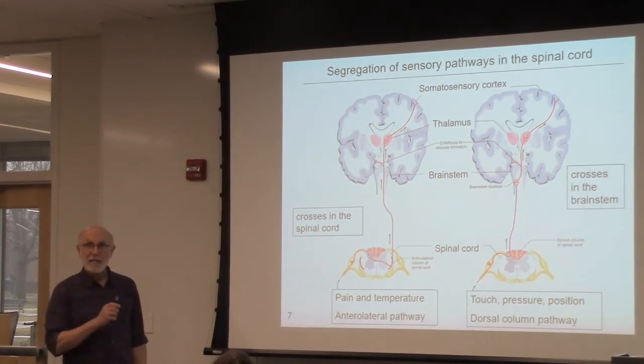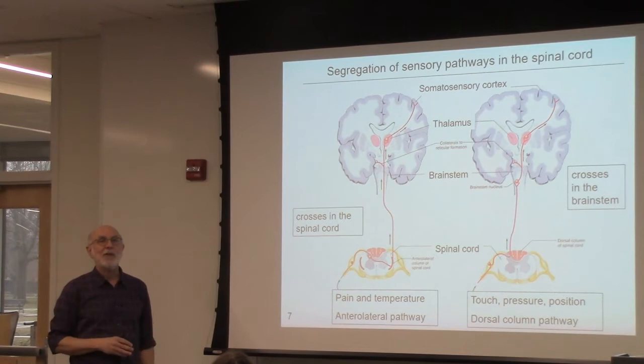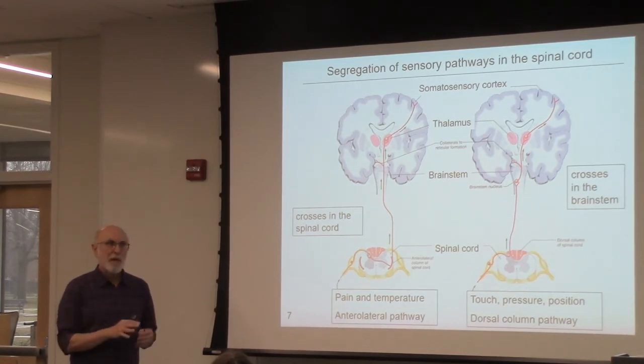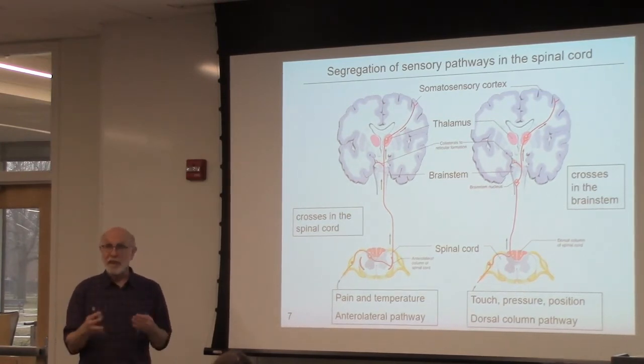So we're going to the somatosensory cortex now because the thalamus is too complicated. There's information processing in the thalamus. Don't forget the thalamus, an information relay network.